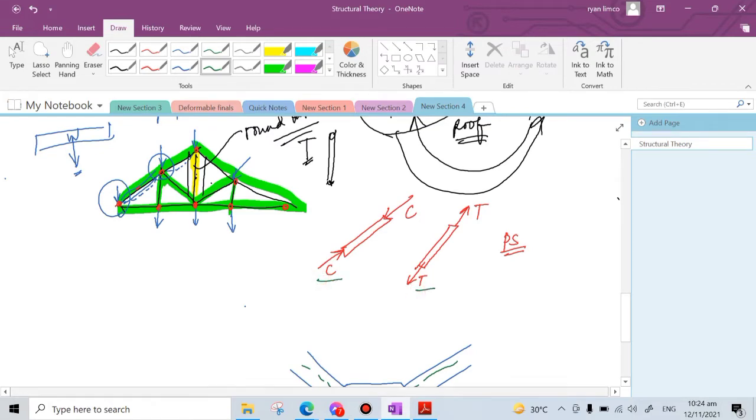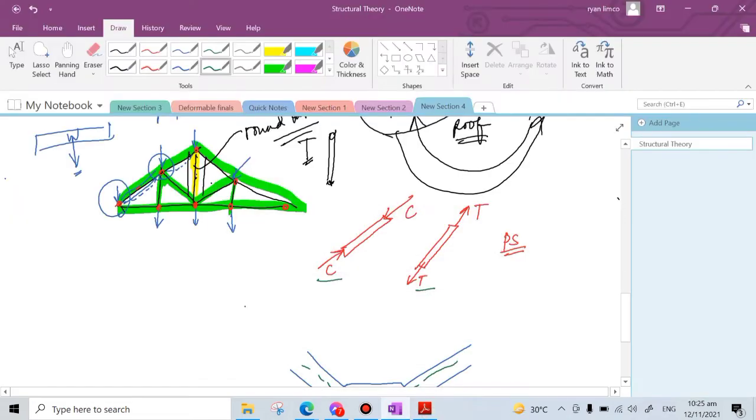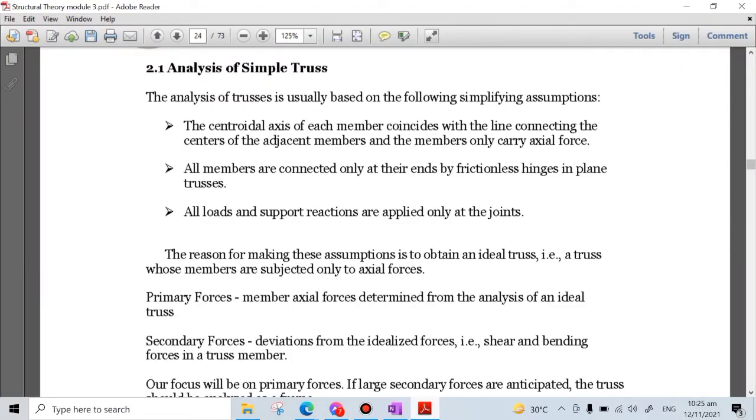Yun lang. Wala na. All members are connected only at the ends by frictionless hinge in plane trusses. So, lahat ng mga to, yung pinag-drawing natin kanina, yung mga joints natin na yan, smooth, frictionless hinge lang yan siya. And, sinasabi niya dito, all loads and support reactions are applied only at the joints.